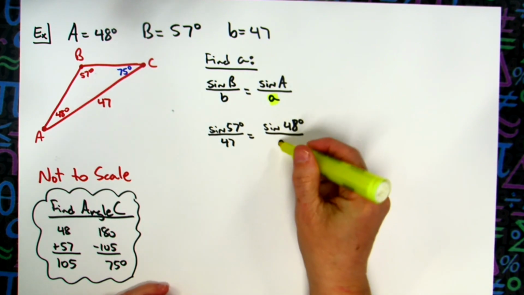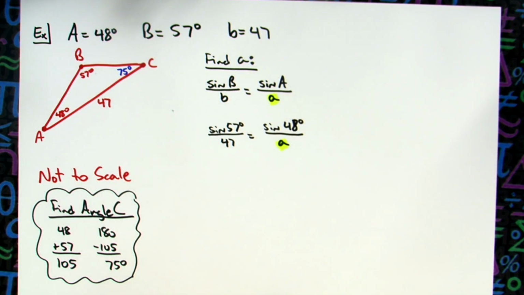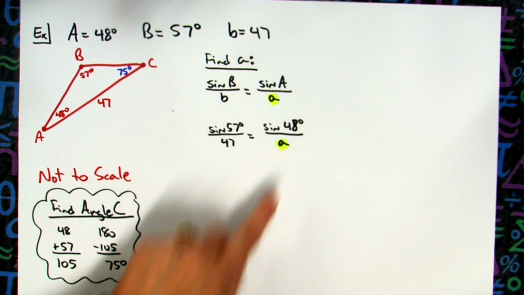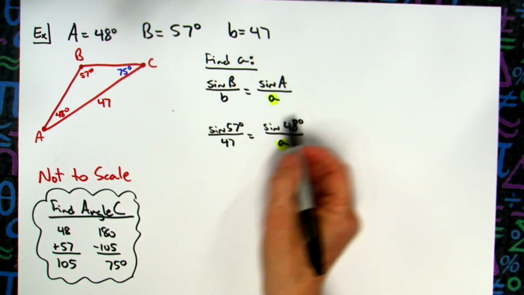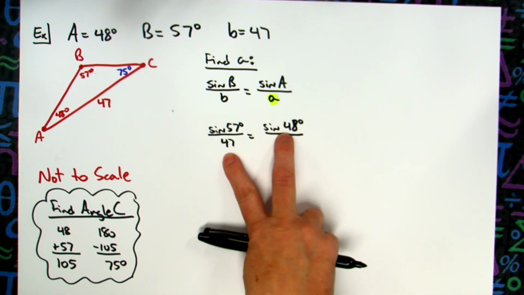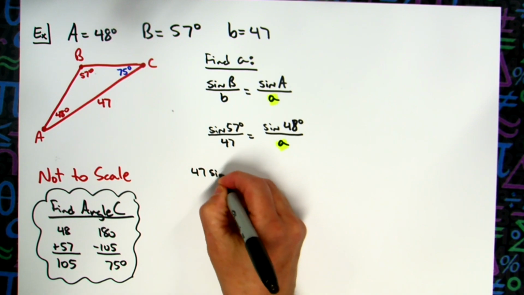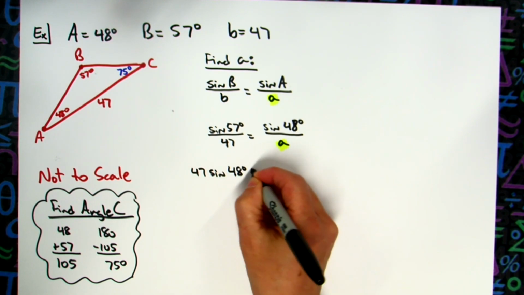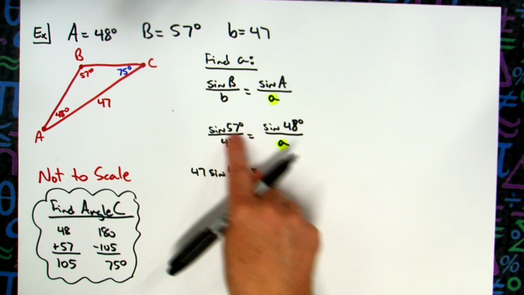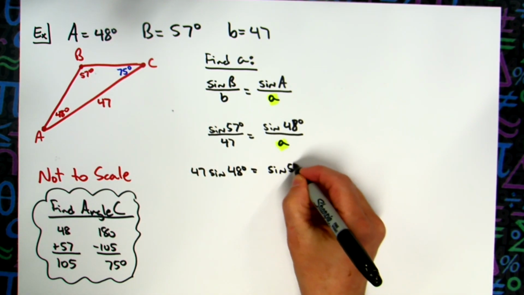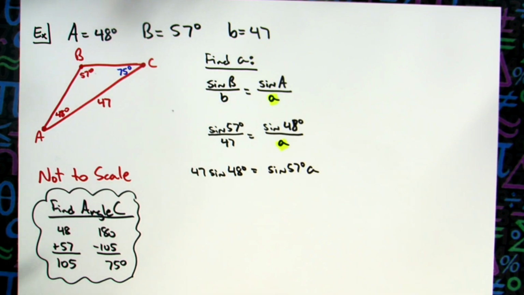And then the math: cross multiply down. You did this in middle school when they were just plain fractions like 3/4 over 7 over x. Same concept. I'm going to cross multiply down. So I'm going to multiply 47 times sine of 48 degrees, and sine of 57 degrees times a.